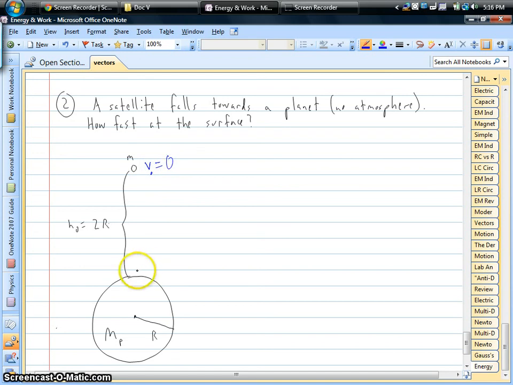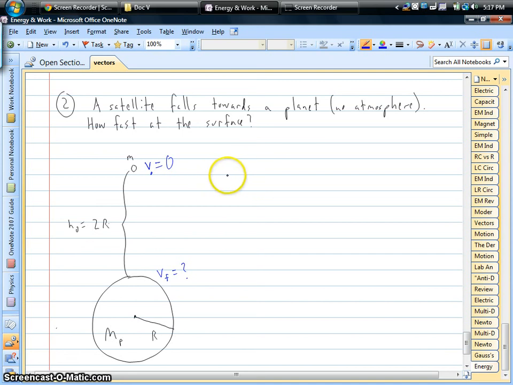Okay, we want to figure out by the time it hits the planet, way down here, how fast is it going? So using Newton's law, this is a non-constant acceleration. We'd have to do some work and use some calculus to figure out how to get that speed. But energy gives us a way out, a very straightforward way.